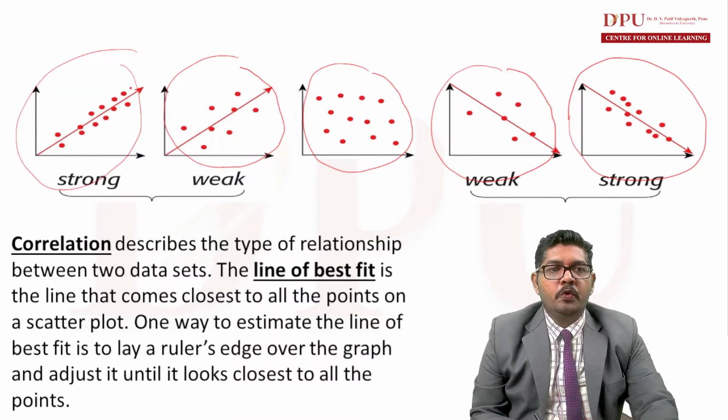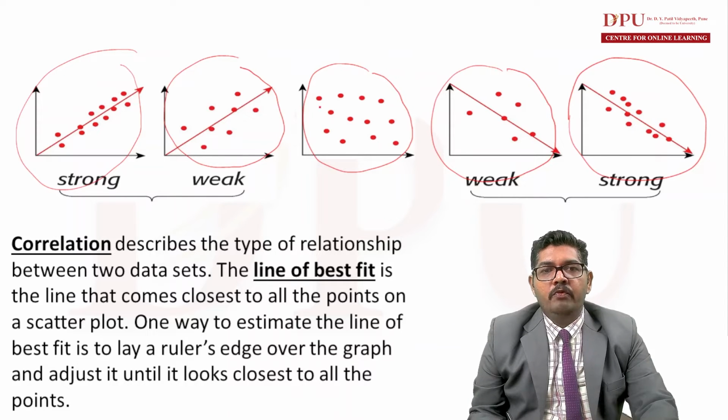The pattern is very close, and that's why it is a strong correlation. In the second diagram, the points are a little scattered, so even if the correlation is positive, it is a weak positive correlation.